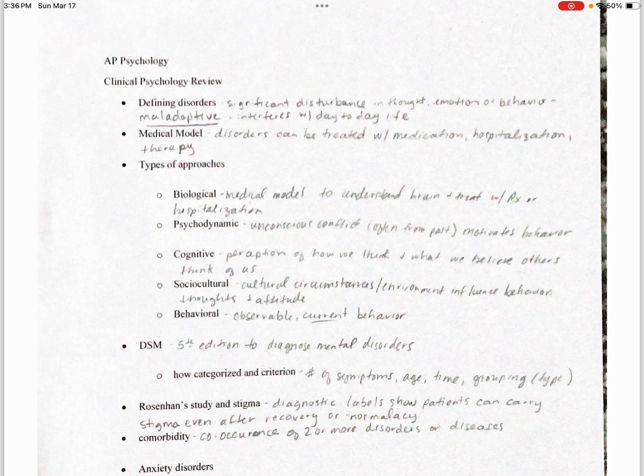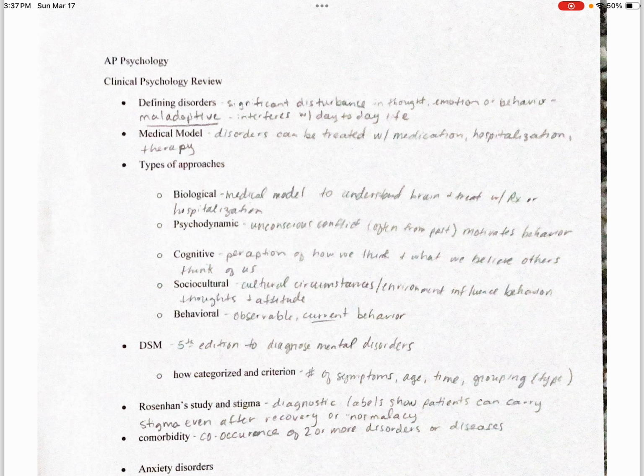Can you see that? It says capital R, lowercase x. That means prescription medication or hospitalization. In the next chapter, we'll look especially at the biological and the cognitive approach. It tends to be more on the medication side, the way we often treat cases.